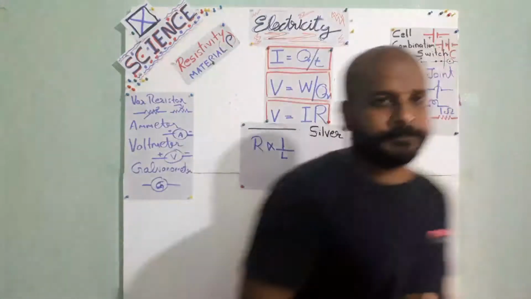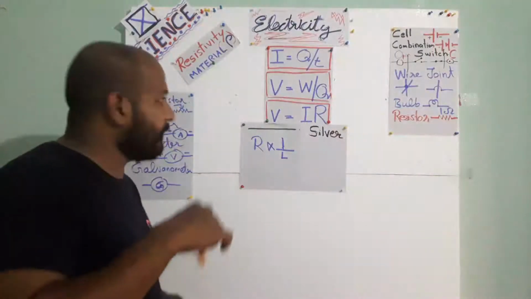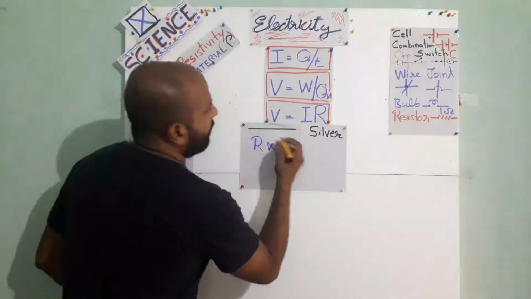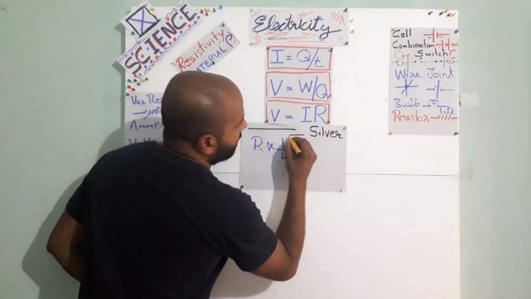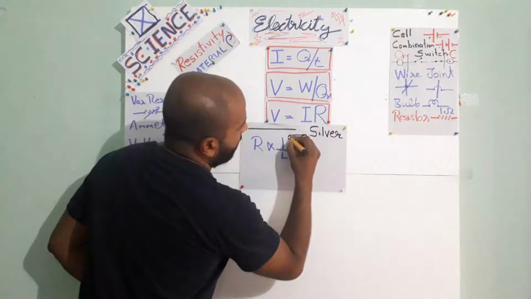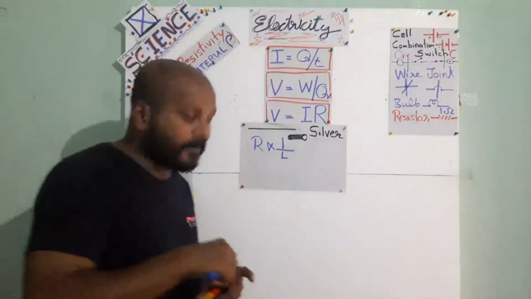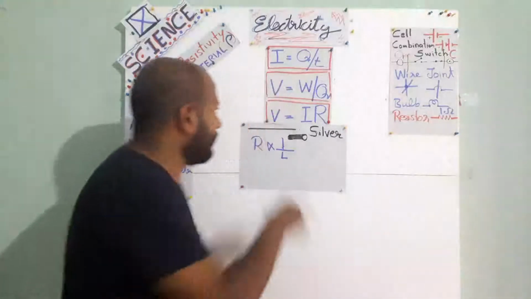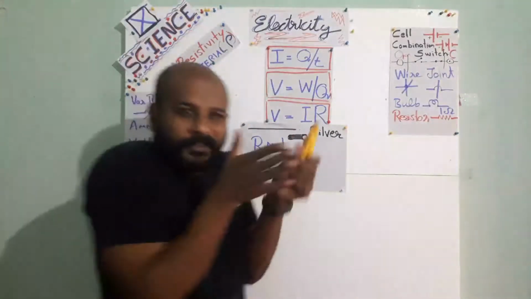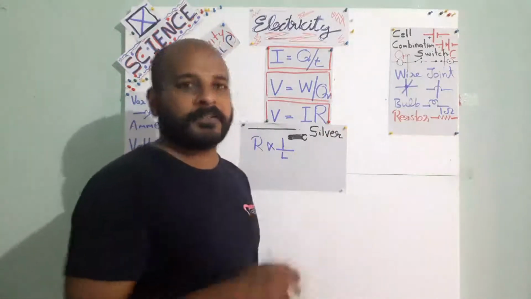Second one, I took another silver wire which has more width. This wire has this much width, it's a bit thicker. What happened? In the case of the old road, very thin road, so high traffic, very difficult to travel, so high resistance.